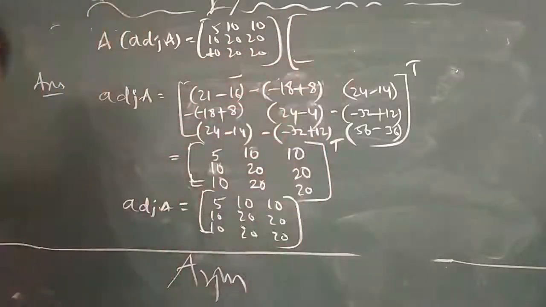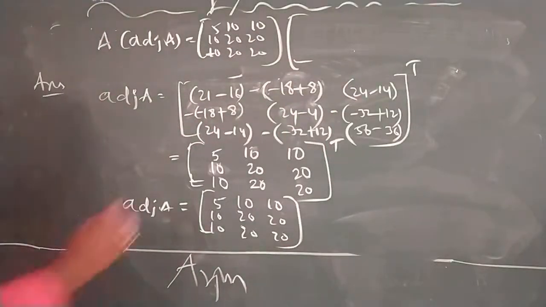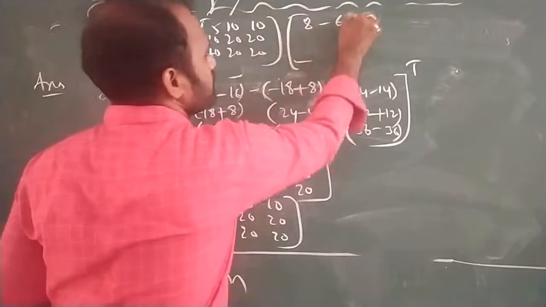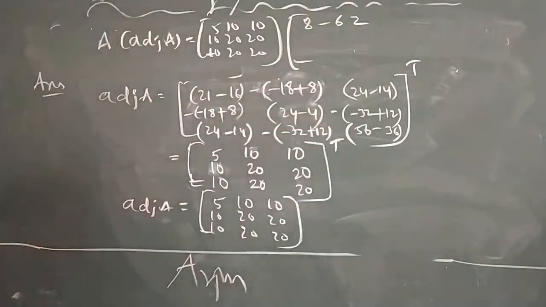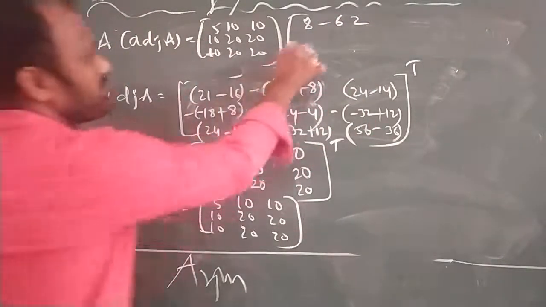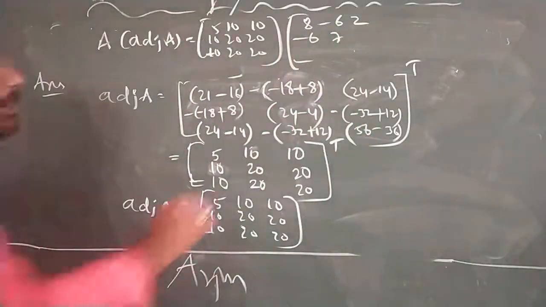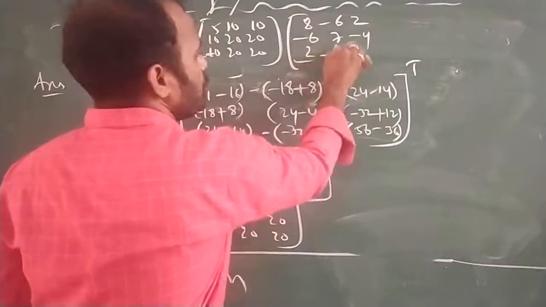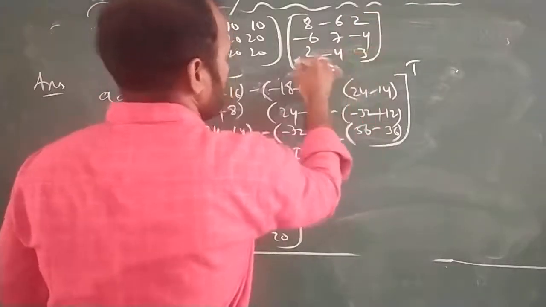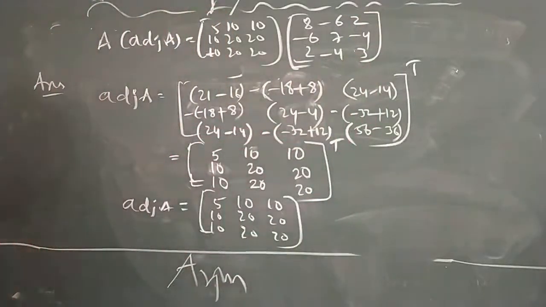A matrix is the given matrix which is 8 minus 6 2, minus 6 7 minus 4, 2 minus 4 3. So this is the multiplication of the matrices.